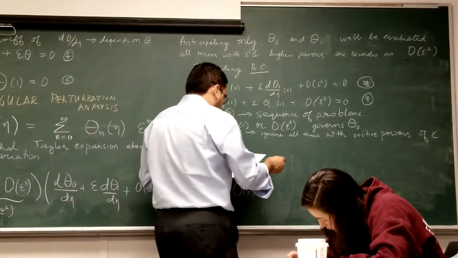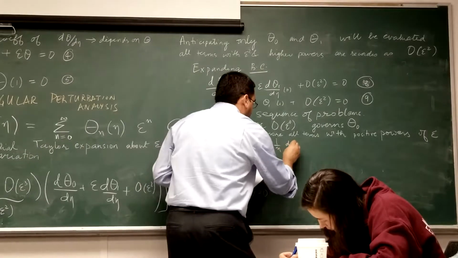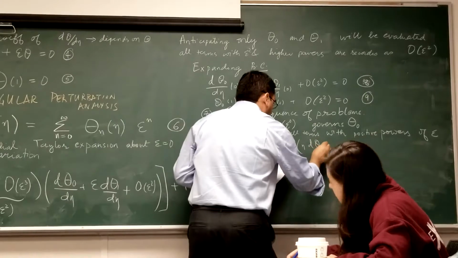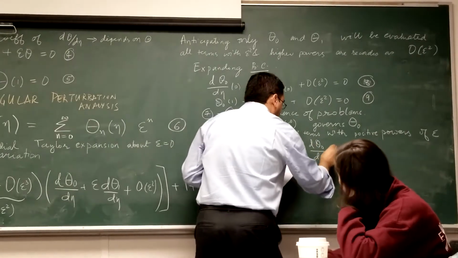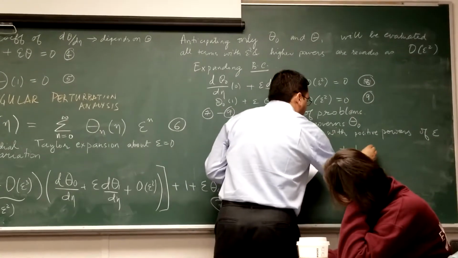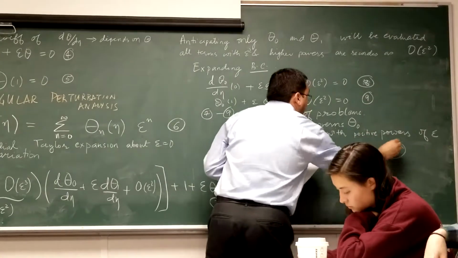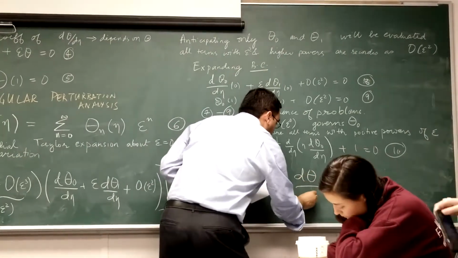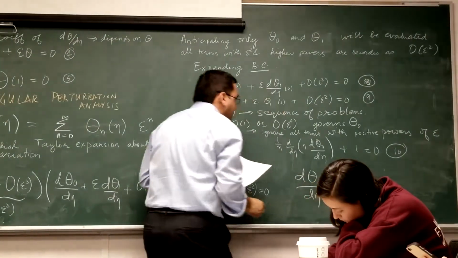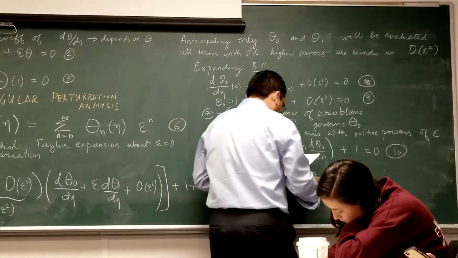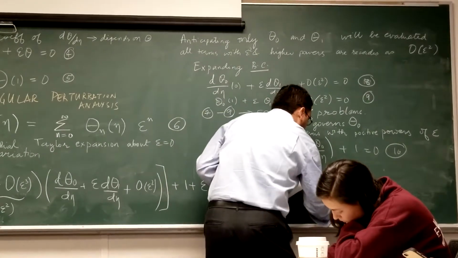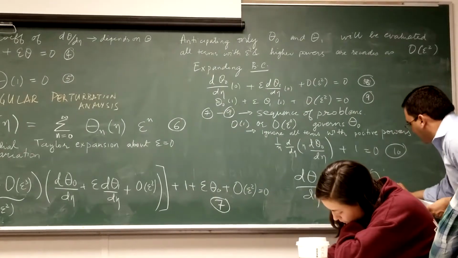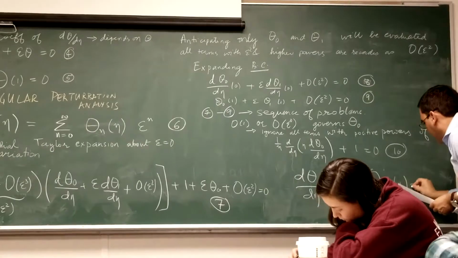And what is left is 1 over eta, d over d eta, eta d theta naught over d eta, plus 1 equals 0, and d theta naught over d eta is 0, evaluated at 0. And the last one is theta naught at 1 is equal to 0.